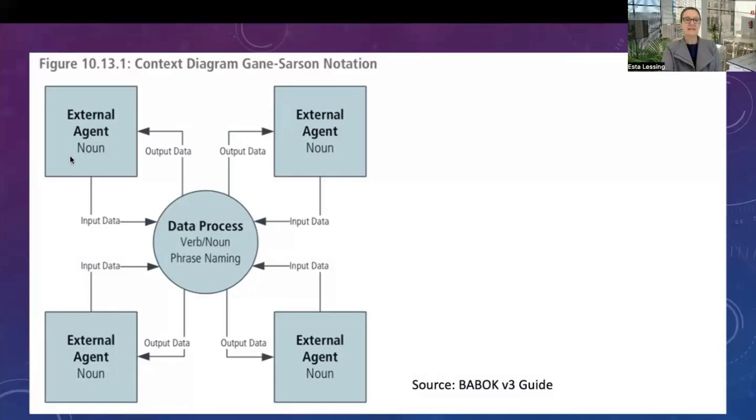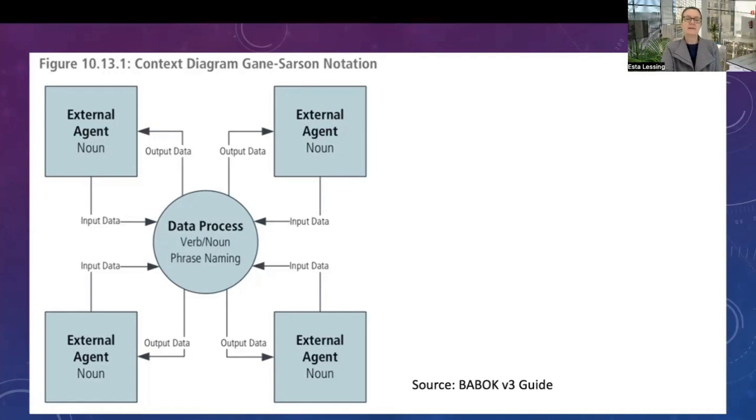So as you can see, to draw a diagram like this, you will first start by identifying all the different external agents. And as you can see, the BABOK is here suggesting that you use a noun to describe these external agents. Then you will have your system or your data process.